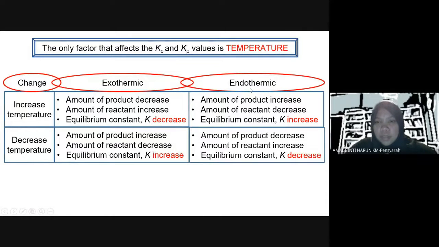Kalau endothermic, amount product increase. Okay, kejap macam ni. Kita tengok dia shift ke mana. Lepas tu concentration apa yang banyak. Bila concentration apa yang banyak, you nak tengok K decrease atau K increase, you buat apa tau?